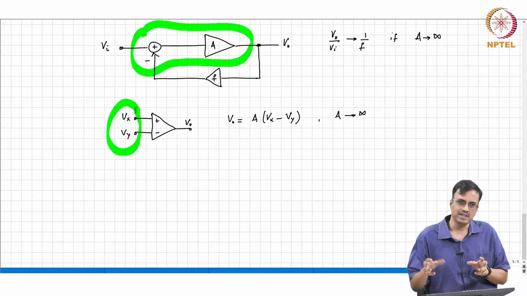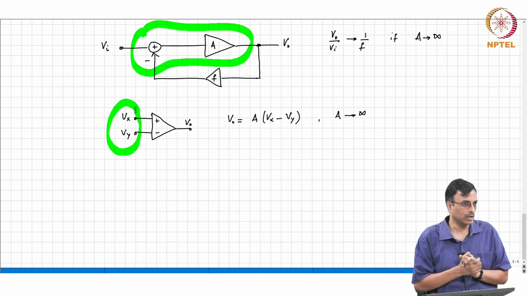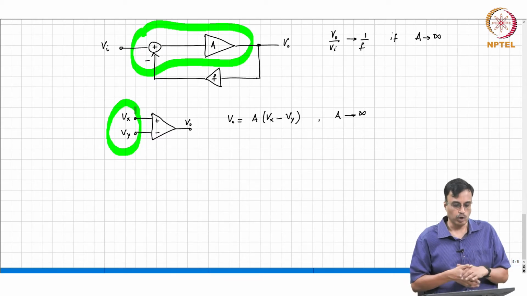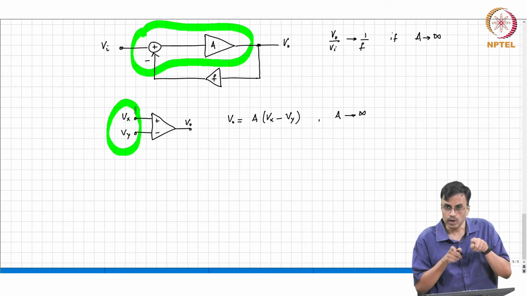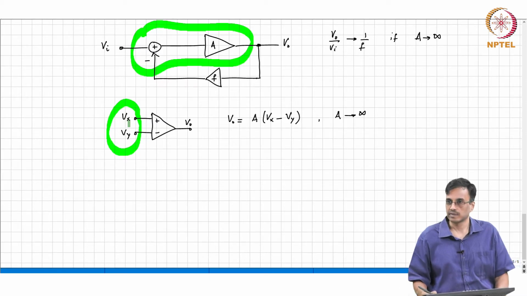If you want an even larger gain, you cascade another common source amplifier. But we also need a building block whose job is to only amplify the difference between two voltages. Does it make sense, right?